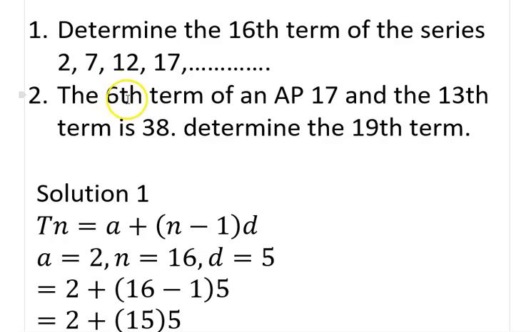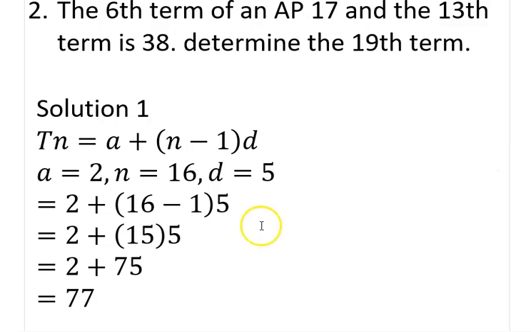Now this one, they told us the 6th term of an AP is 17. If you count a series, the first, second, third, fourth, like this one, the third term now is 12. The second term is 7. The fourth term is 17.